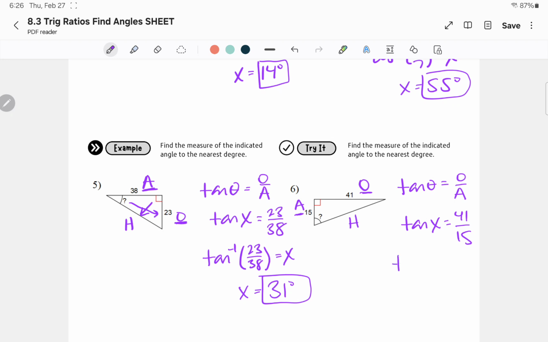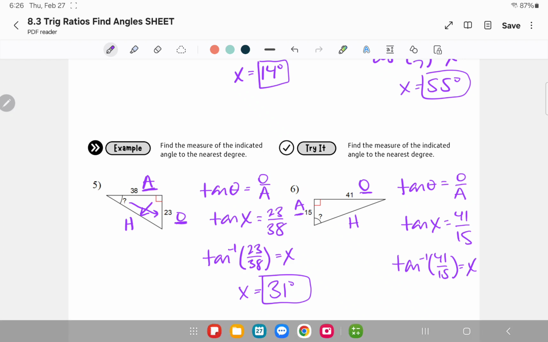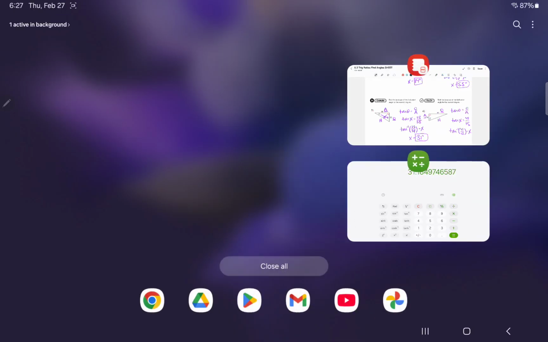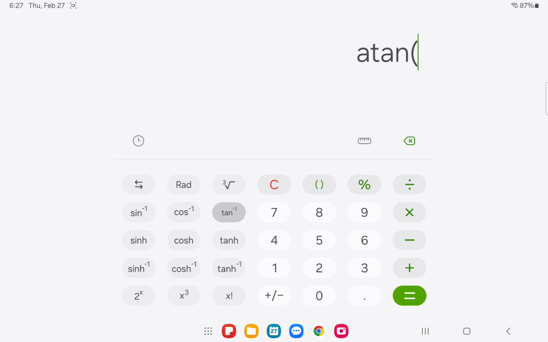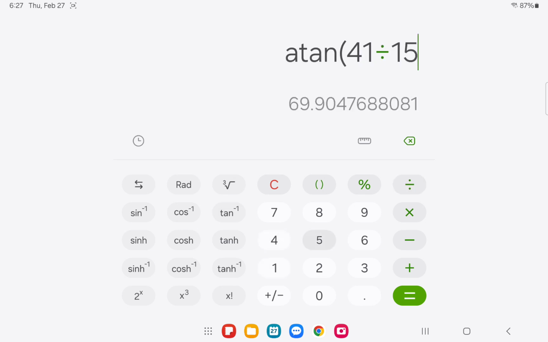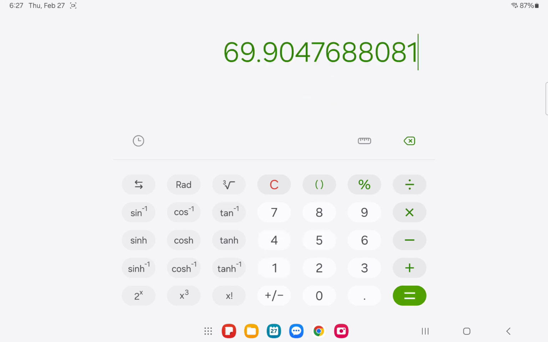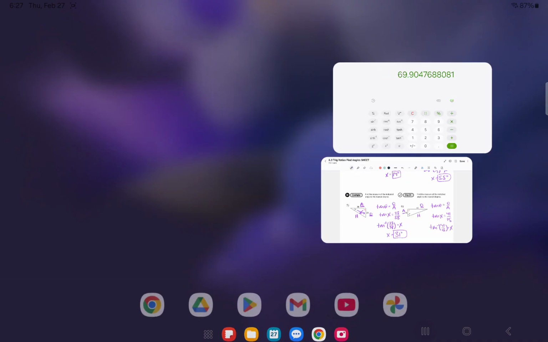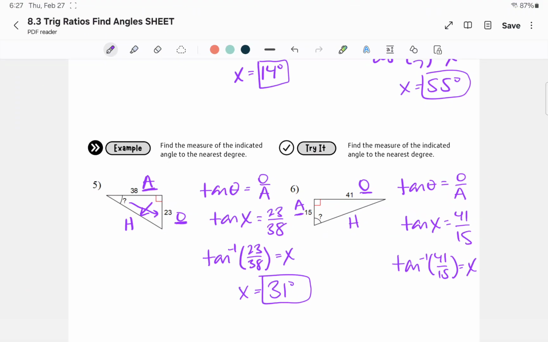So we're going to do inverse tangent 41 over 15 to get our answer. And that rounds to 70, right? The 0.9 makes it go up to 70 degrees.